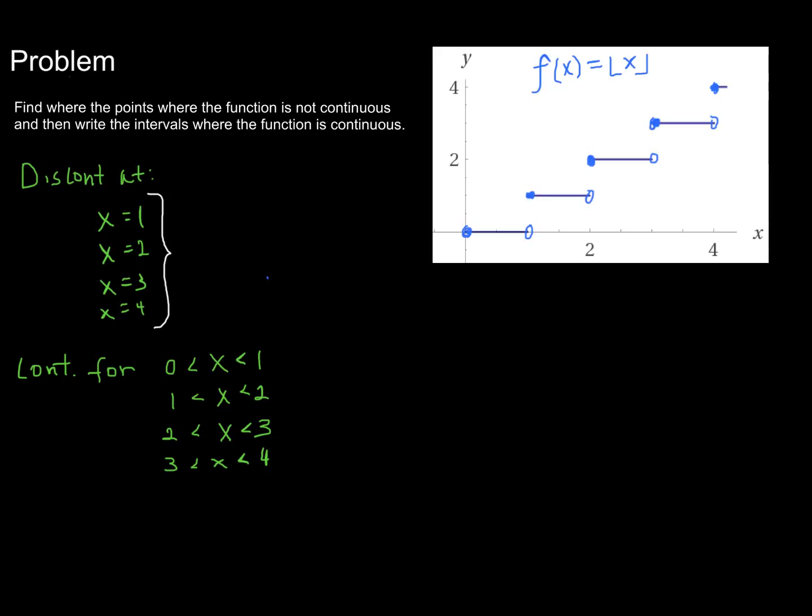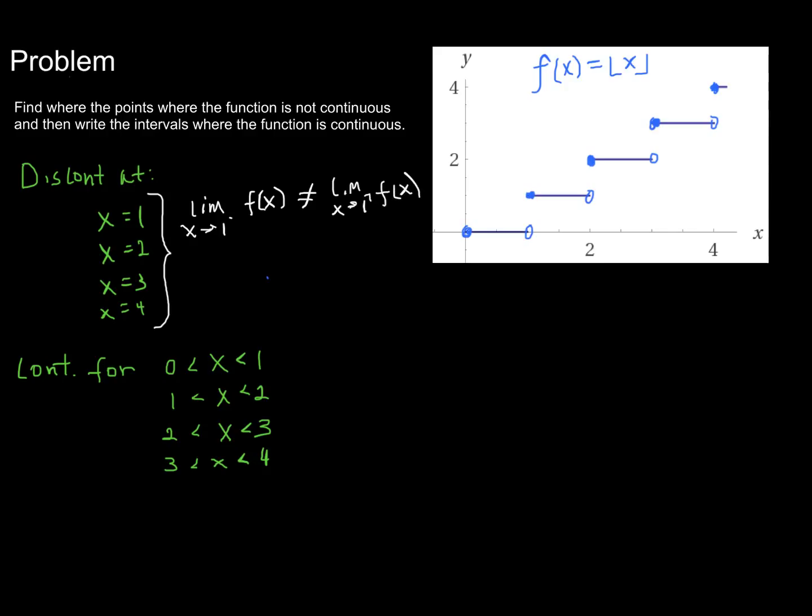For example, if I were supporting my reasoning for x equals 1 being a point of discontinuity, what I would say is that the limit as x approaches 1 from the left of f of x is unequal to the limit as x approaches 1 from the right of f of x.